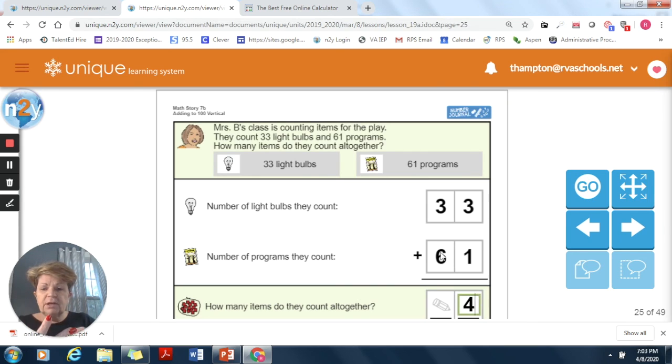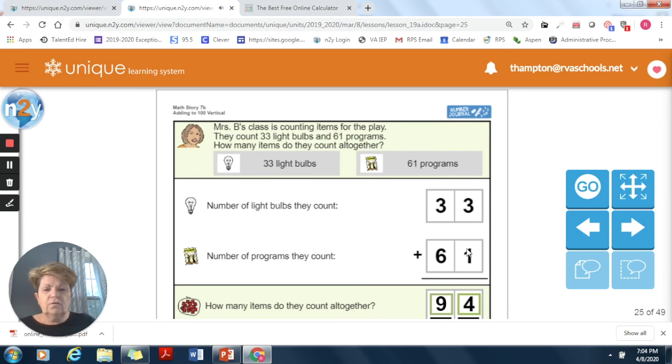We put up 3 fingers and we can say 6, 7, 8, 9, right? Very good. We can always make our hash marks, or we can always pull items that we can count together.